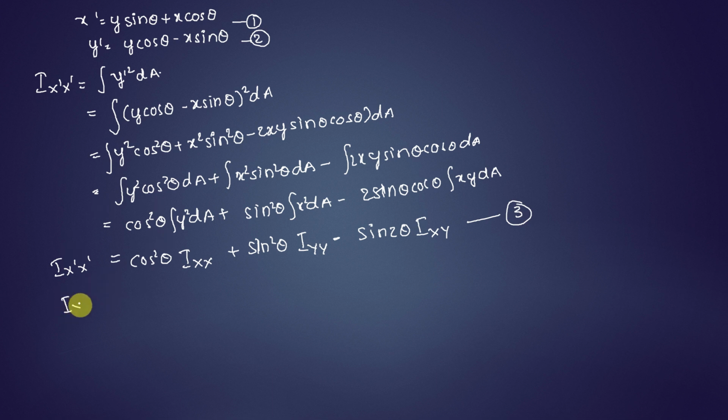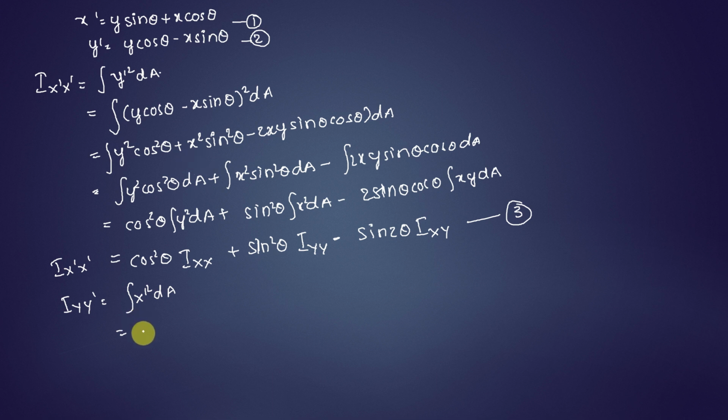Similarly, Iy dash y dash will be integral x dash square dA. Substitute the value of x dash here and expand this as I have done. Let me not consume more time, so let me write it directly. The entire process is very clearly given in the notes. You can see that. The process is the same as I have done here, right?